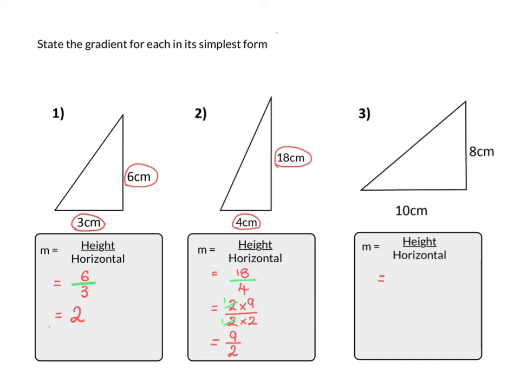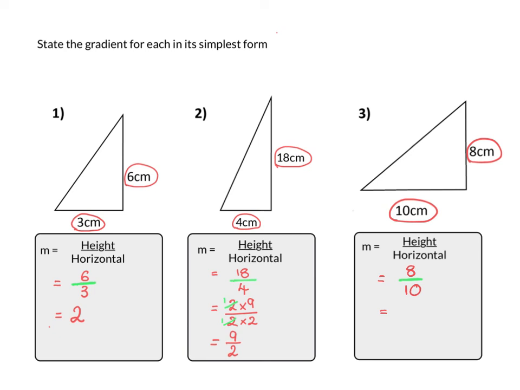We have a height of 8 and a horizontal distance of 10. Again, thinking about this line being a divide sign, 8 divided by 10, no, 8's not in the 10 times table because the 10 times table goes 10, 20, 30. So I need to have a rethink. Can we simplify it?